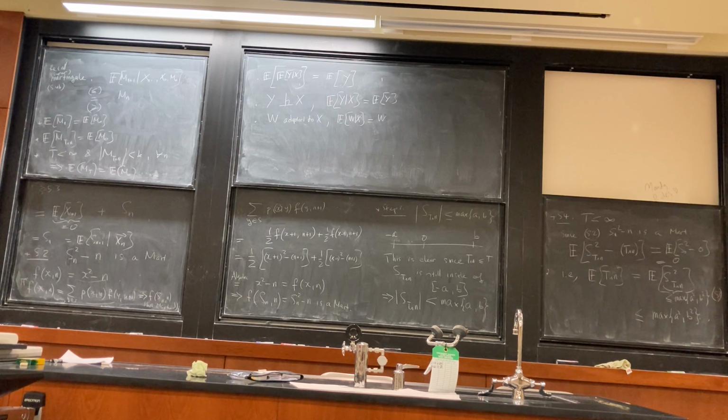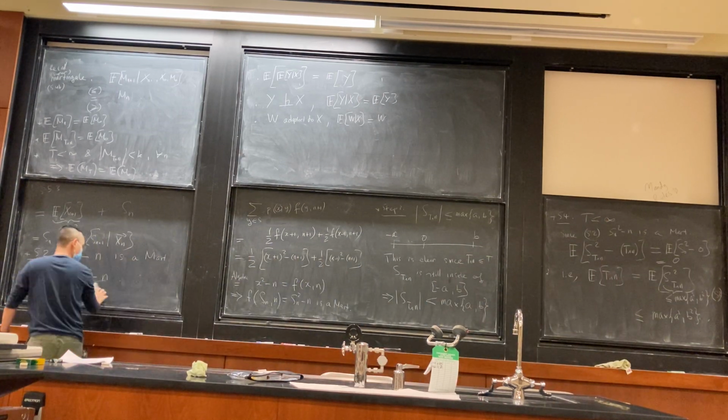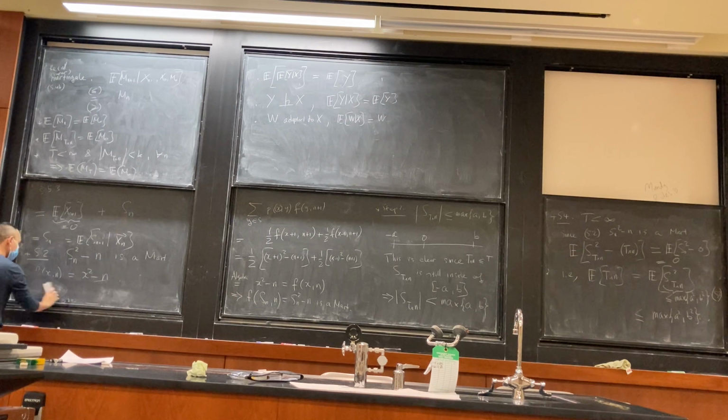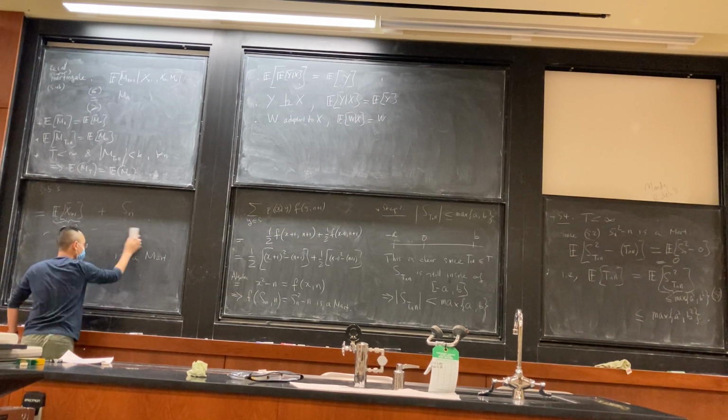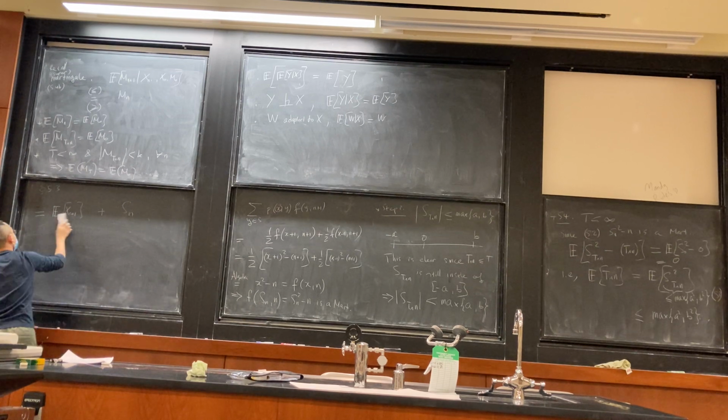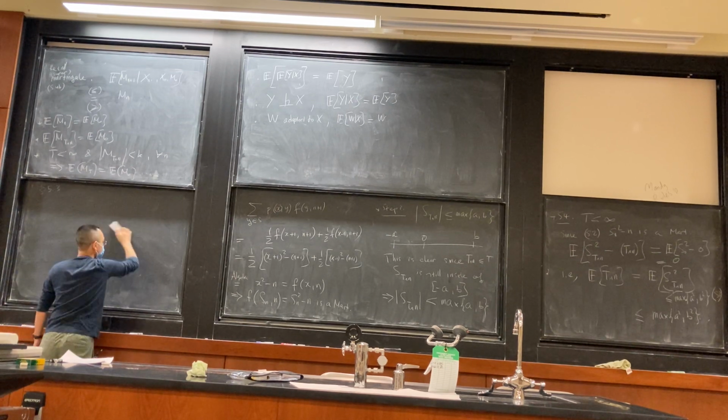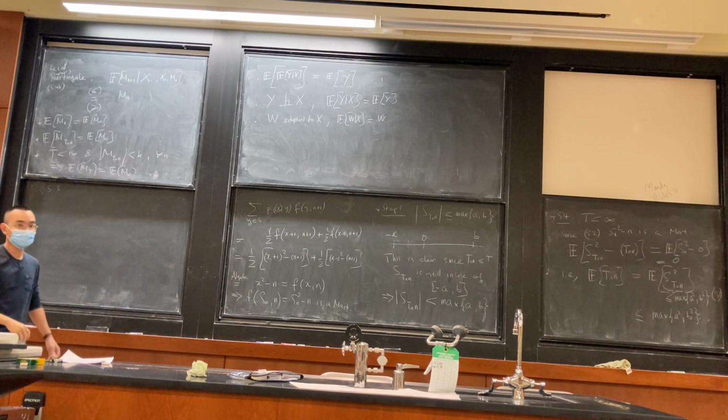So far so good? Okay, so now how do I get this? In other words, I have to show that the probability of T being finite is 1. That is equivalent to saying the probability of T being infinite is 0. That's all I have to show.